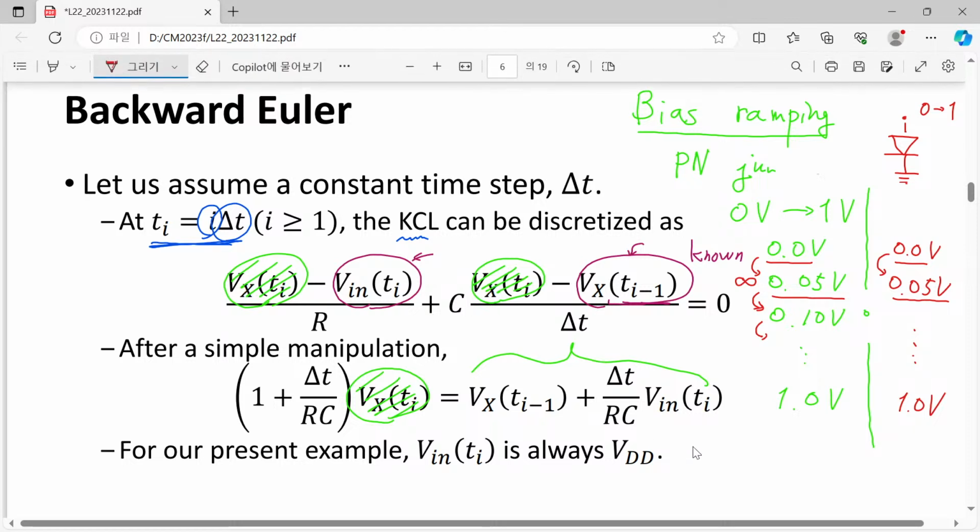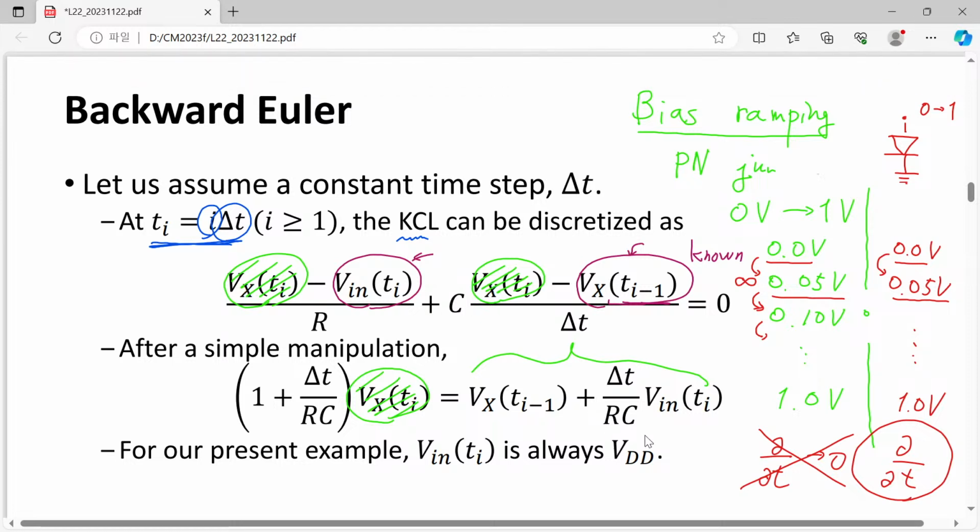Simply speaking, in bias ramping, all of the time derivative terms go to zero. We intentionally neglect this one. However, in the case of transient simulation, the treatment of the time derivative term is the most important one. So yes, that was a really good question.